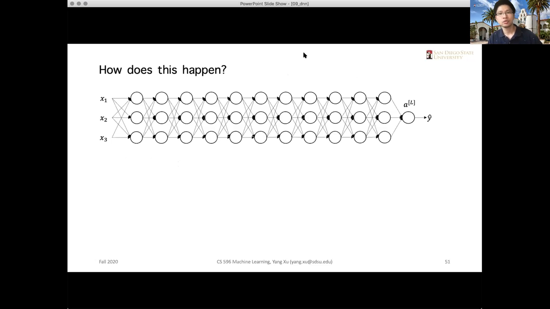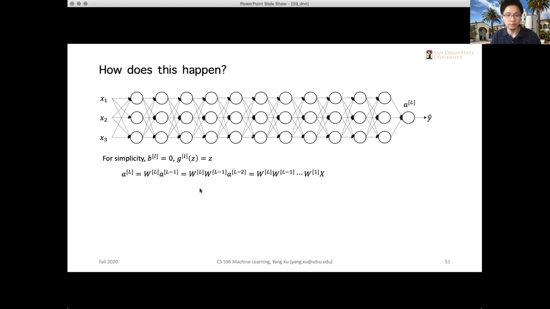Okay, so let's look at how the exploding or vanishing gradients happen in the network. Let's assume that the biases are all zero, just for simplicity. So if we want to compute the activations from the last layer, the last layer is a capital L, and because there are no bias terms, the result of A^L is simply the multiplication between W^L and the previous layer's activation, and A^(L-1) is also computed in a similar style.